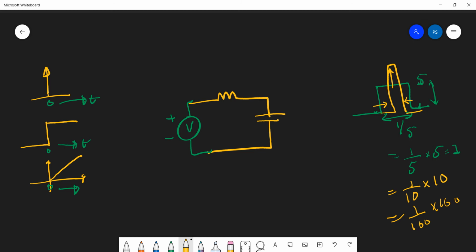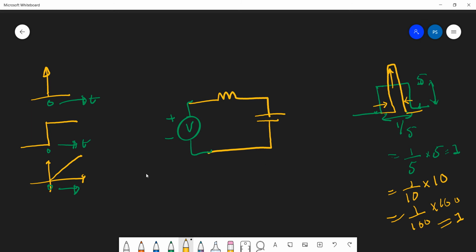The area is still unity, but the height is increasing and the width is reducing. If I continue doing that to infinity, you can expect such a curve. You can imagine that in your mind. So impulse is such a signal where at 0 the height is infinite but the width is 0, but if I integrate around this point I get unity, just like these examples.